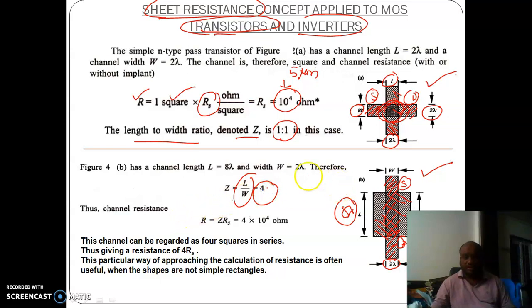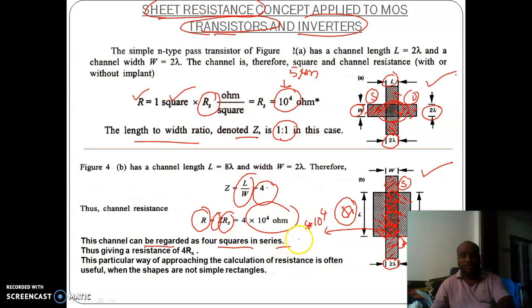In this case the channel resistance, that is the transistor resistance, is Z times the sheet resistance, that is 4 into 10 power 4 ohms. Alternatively, that channel can be regarded as 4 squares in series: 1 square, second square, third square and fourth square. In the previous case, 1 square is 10 power 4 ohms, so 4 squares means 4 into 10 power 4. Hope that is clear.